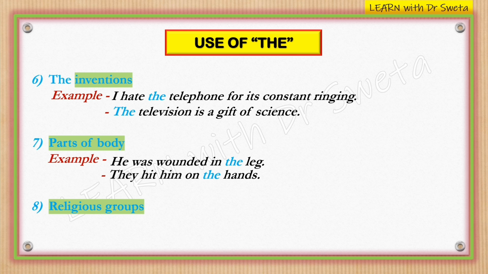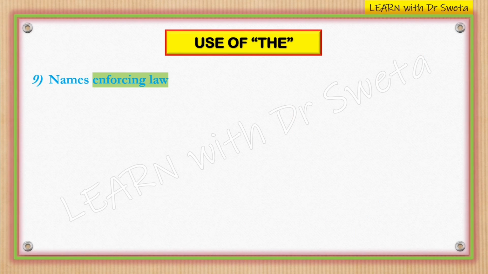"The" is used before religious groups. So, always use "the" when referring to groups of people by their religion. For example, the Sikhs, the Hindus, the Parsis. "The" is also used with names enforcing law. So, always use "the" before names of institutions or groups that enforce law or maintain security.